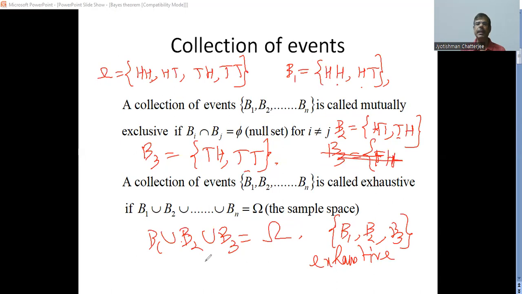Now the question is, is the collection mutually exclusive? The answer is no, because B1 and B2 intersect. B1 intersection B2, this with this, you get the common element HT.